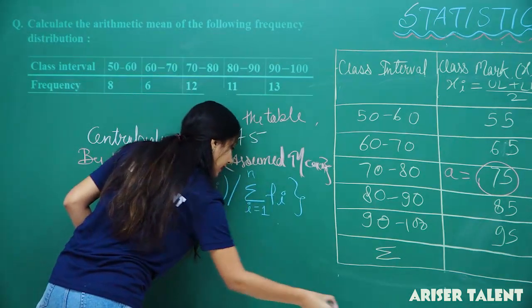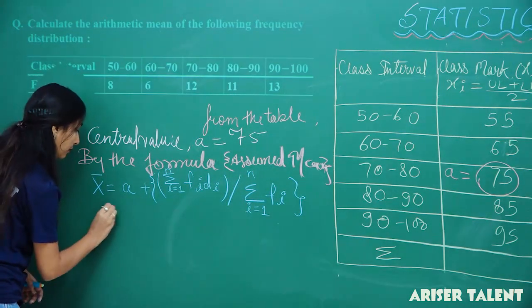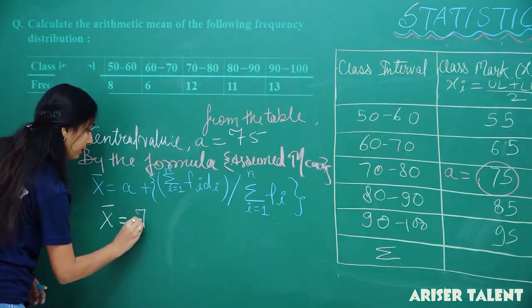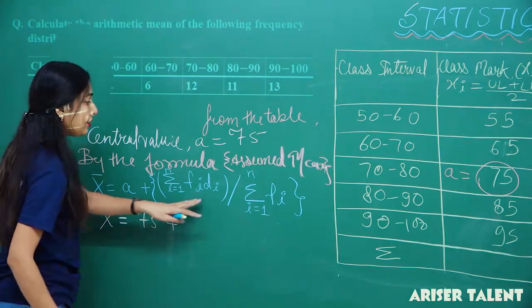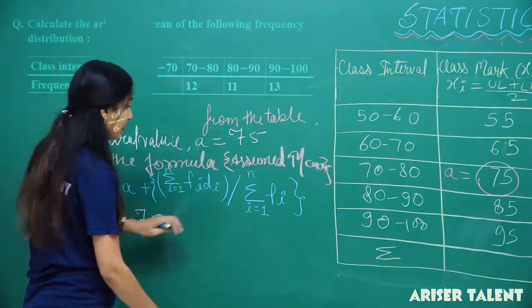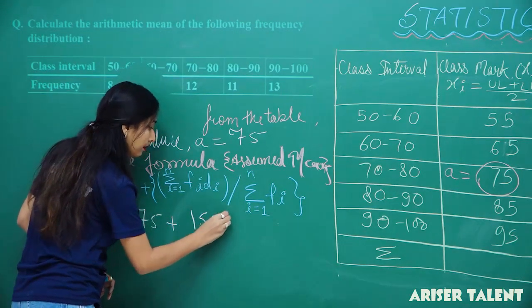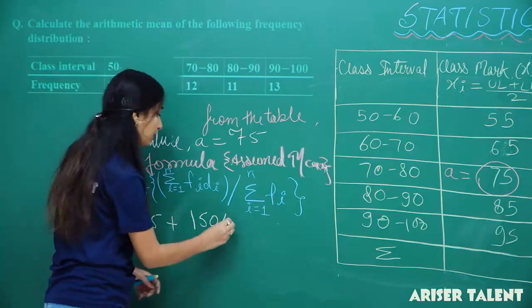Now the value of A is 75, plus the summation of fi di, which is 150, divided by the sum of frequency, which is 50.